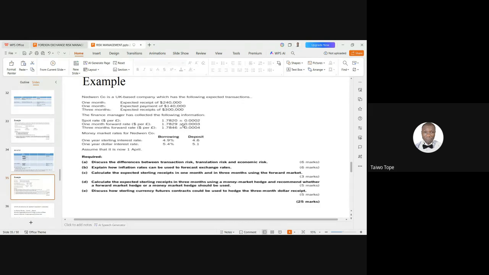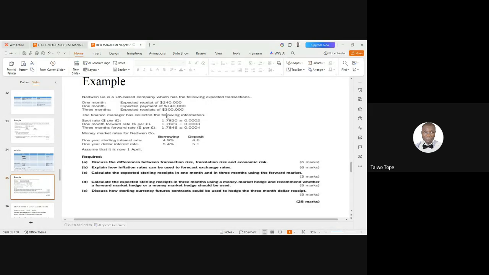This plus or minus means that when you add 0.002 to 1.7820, you have a higher value, which is the spot rate based on the higher value. When you less 0.002 from 1.7820, you have a lower value.